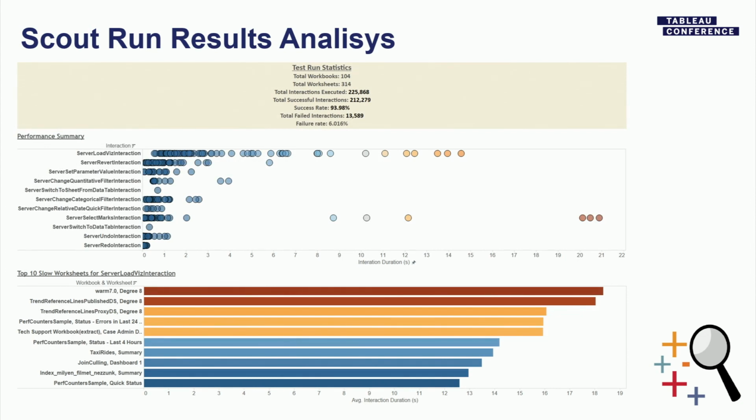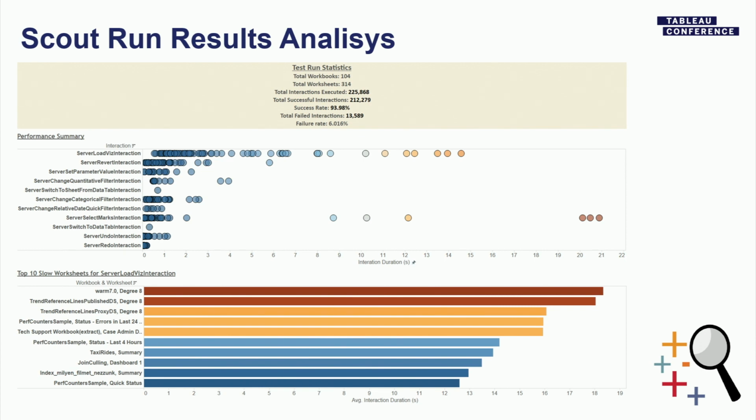And this is what I was telling you, an example of a run that we did internally at Tableau. We ran on hundreds of workbooks, and we had like 230,000 iterations. That's why the analysis of A/B in the data, directly in the database, is expensive for us. I'm not going to go deep into this.